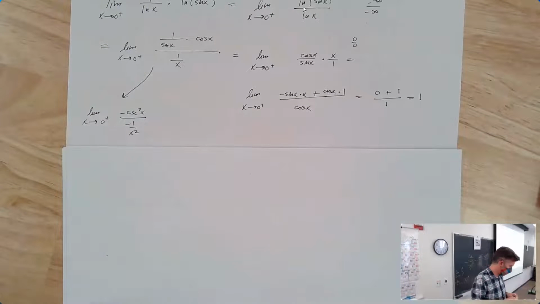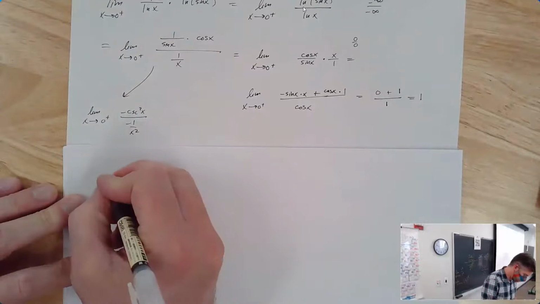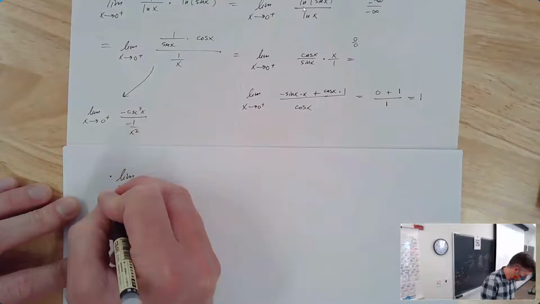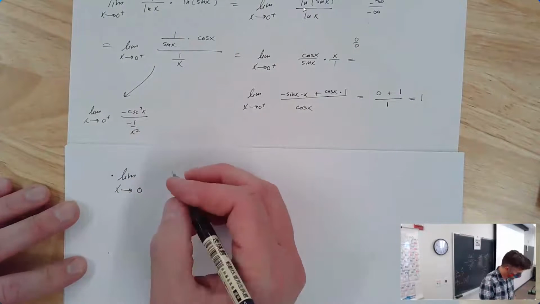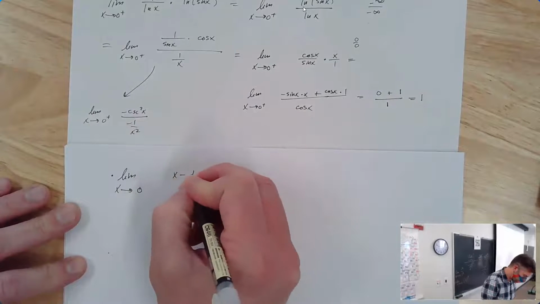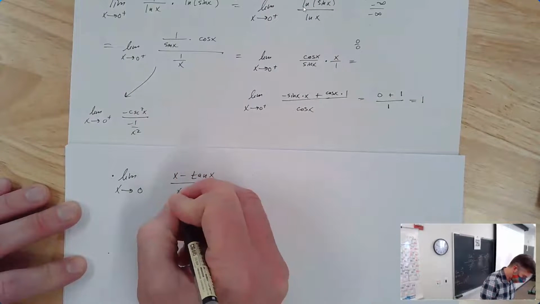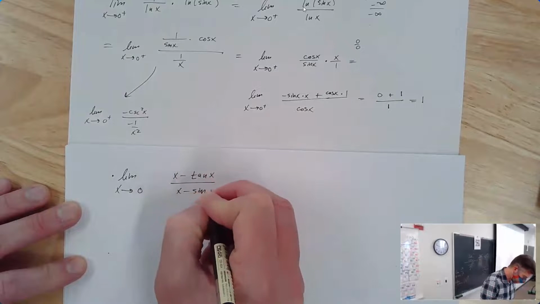So I want you guys to try these two problems. The limit as x goes to 0 of x minus tangent x over x minus sine x.